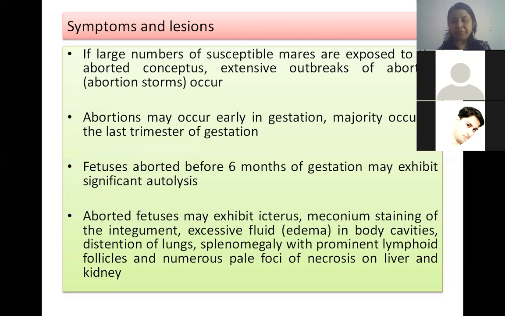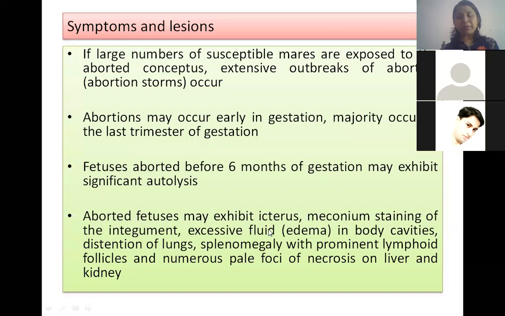But after 6 months, generally autolysis in the fetus is absent, and the aborted fetus may show signs of icterus, meaconium staining of the integument, meaning icterus, jaundice-like symptoms. Meconium, what is this? It's the first feces of the fetus, and integument means the outer surface of the fetus. The aborted fetus has staining of the meconium.